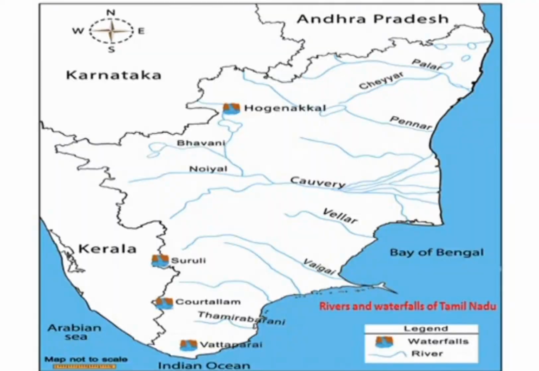Isn't it, children? Look at page number 109. There a map is given, rivers and waterfalls of Tamil Nadu. Some rivers are given: Bhavani, Noyyal, Kaveri, Velar, Vaigai, Tamirabarani. Hogenakkal Falls is given.